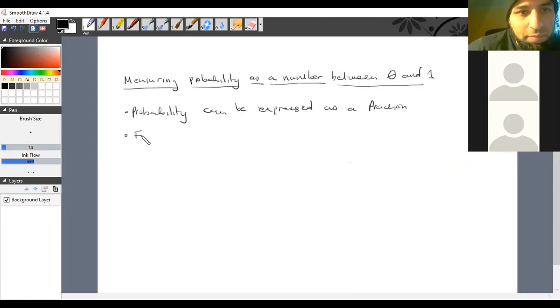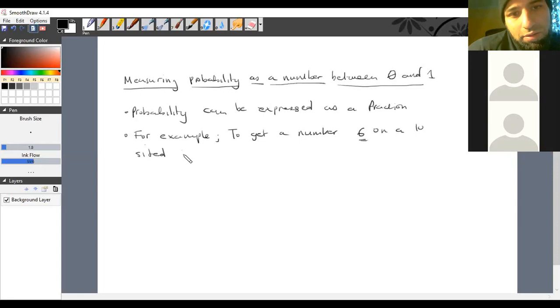For example, to get a number 6 on a 10-sided dice will have a probability of 1/10.